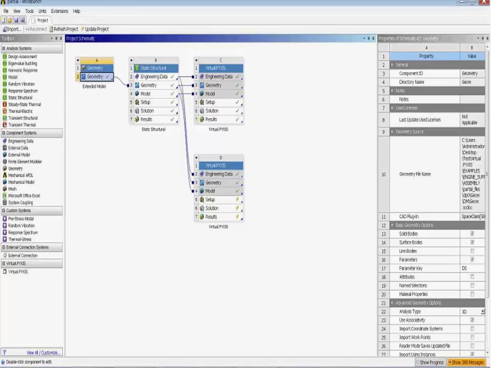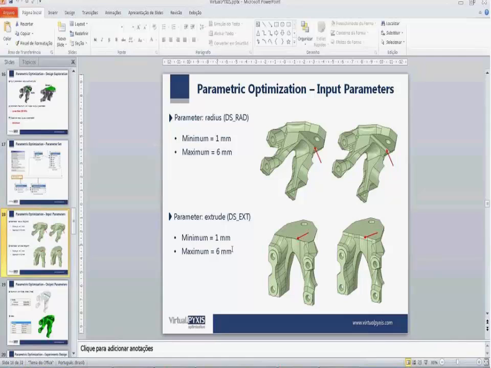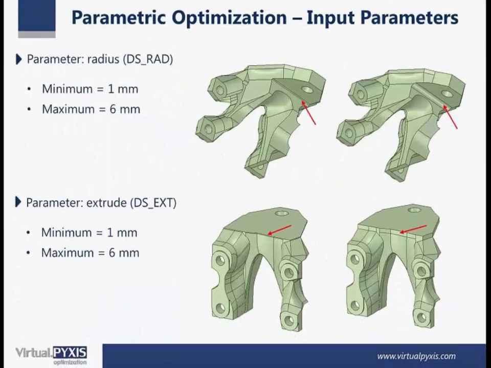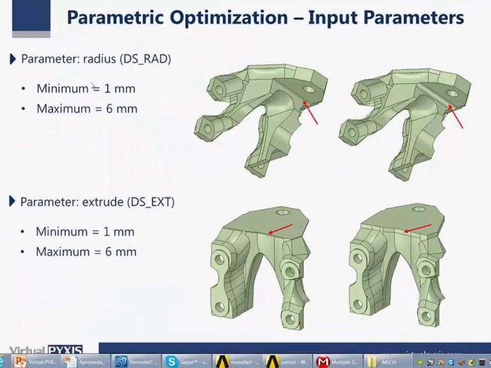So every parameter from ANSYS, or in this case SpaceClaim, which starts with ds, like ds of radius, ds of extrude, ANSYS understands that it is a parameter. So if you don't use ds, ANSYS will not recognize it. Of course, you can use ds in that window and use everything that you want to control this.